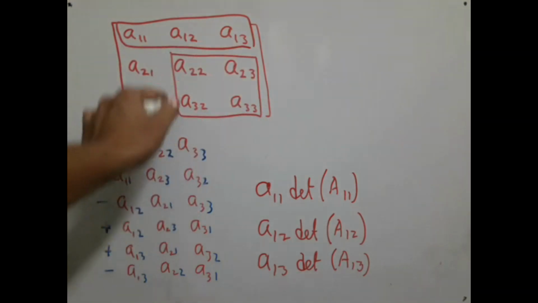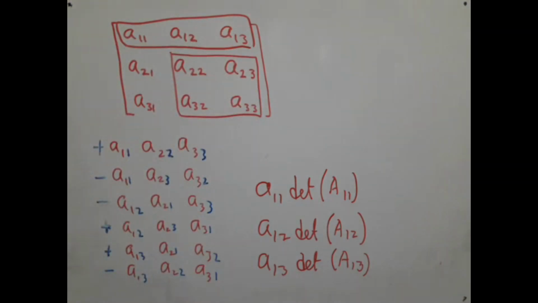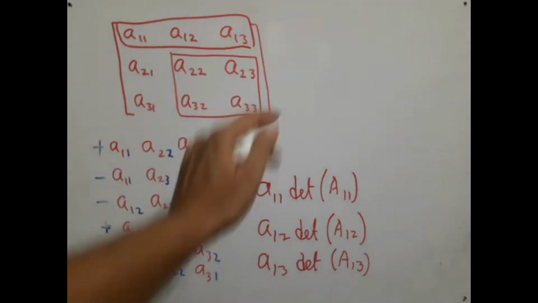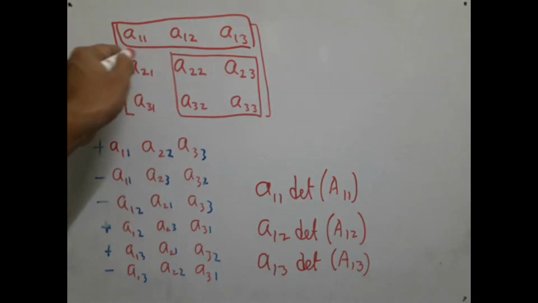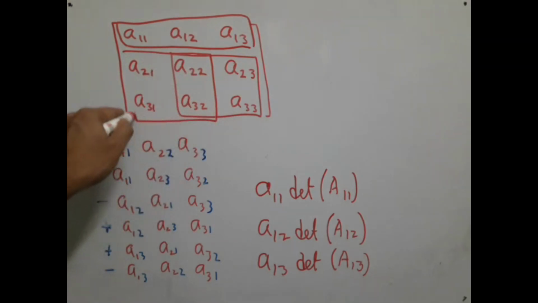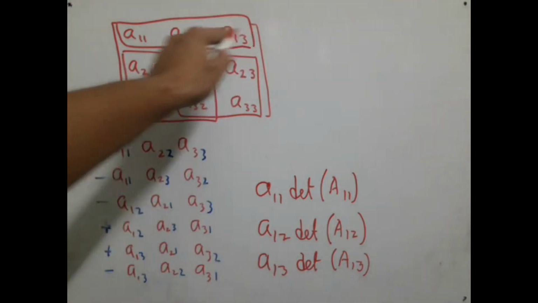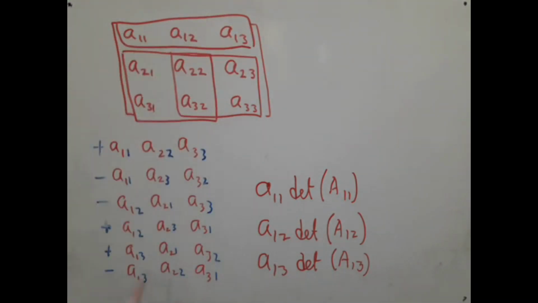I call this thing capital A11. Then, taking the last one, A13 gets multiplied with the determinant of this thing, which I call capital A13. So basically, the capital Aij's are defined as follows: you remove that particular element's row and column, and whatever submatrix remains.